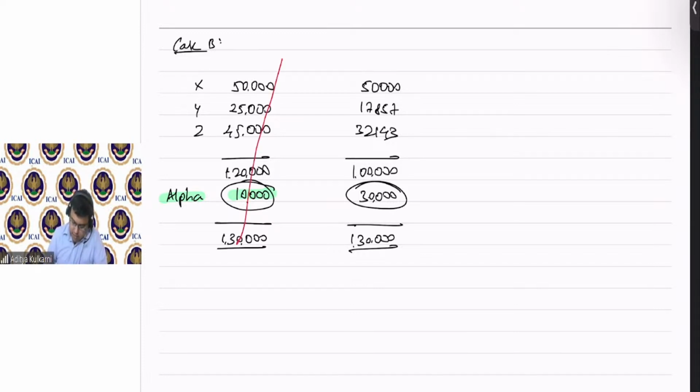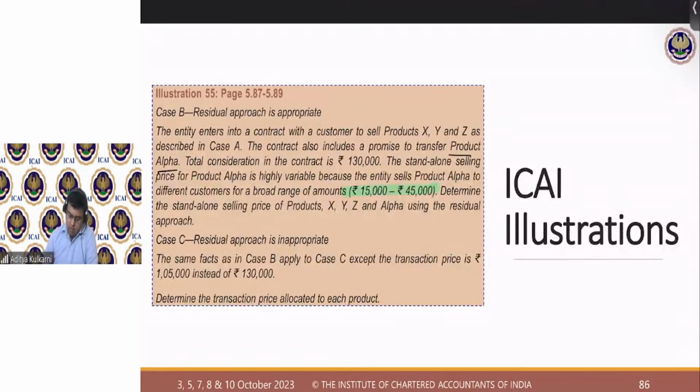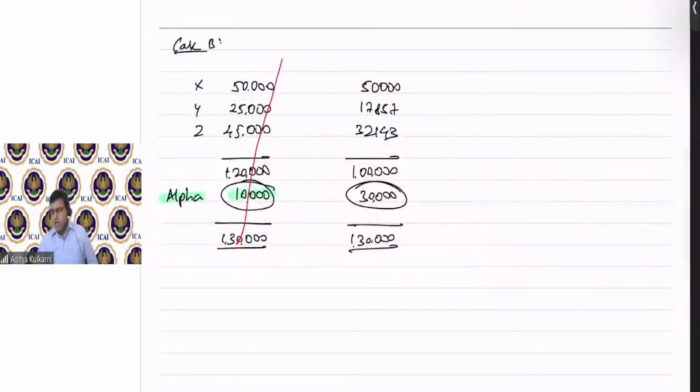This particular method does not make sense because price allocated to alpha of 10,000 is not equal to the range of prices which were prescribed for alpha, and that is why we took the standalone price, added the allocations, and then determined the balancing figure for alpha. So that comes to 30,000.